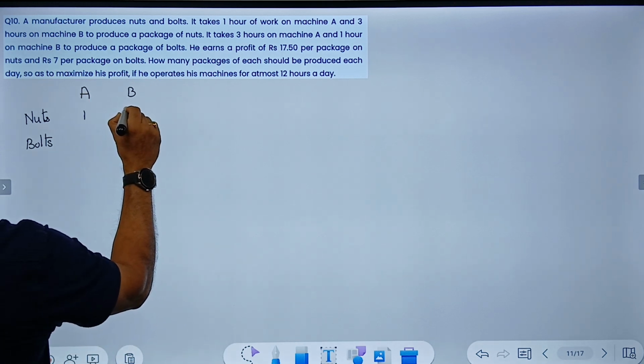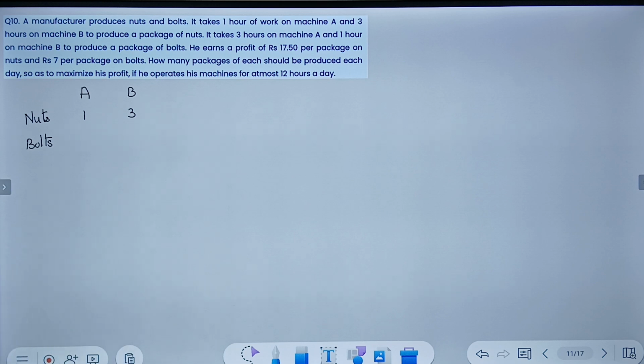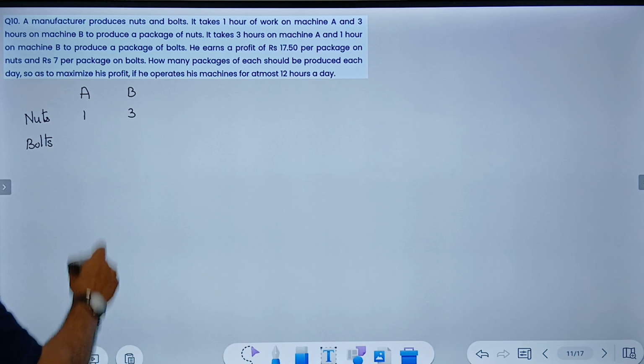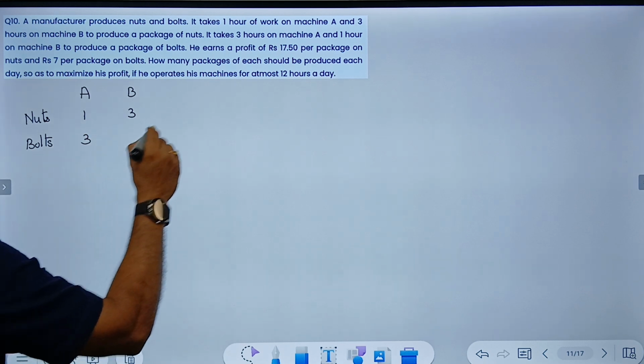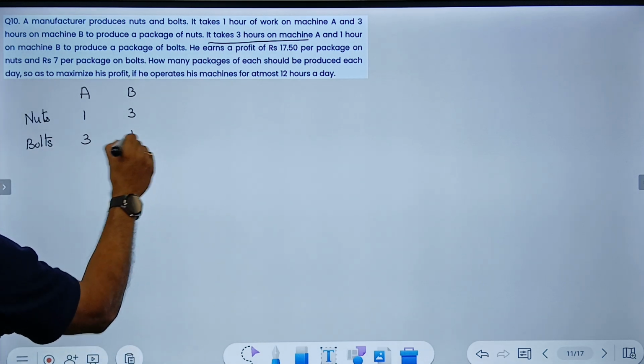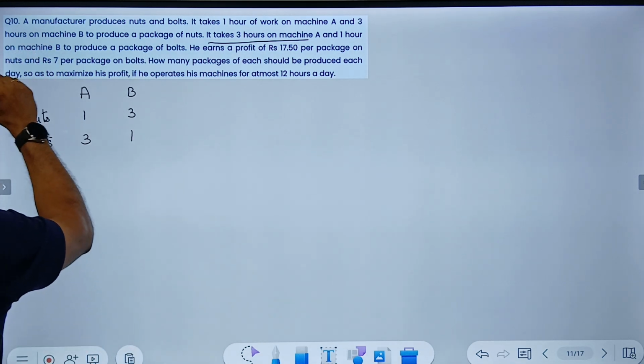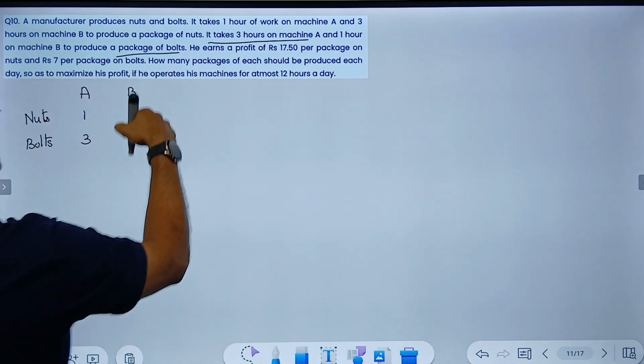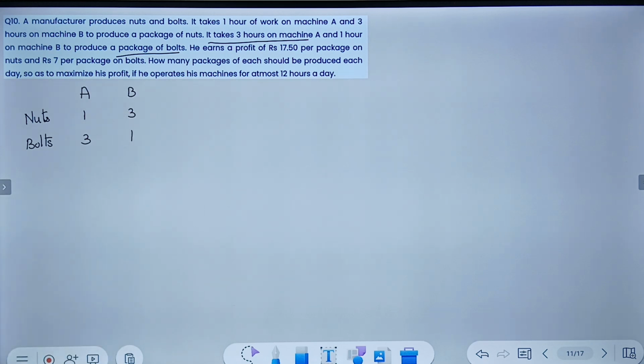It takes 1 hour on machine A and 3 hours on machine B to produce nuts. It takes 3 hours on machine A and 1 hour on machine B to produce bolts. And it earns them a profit.